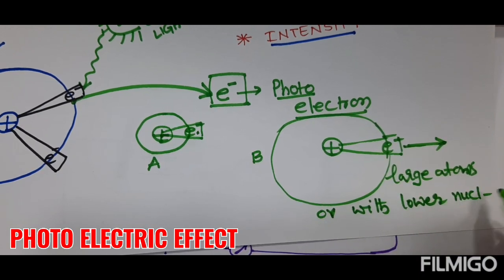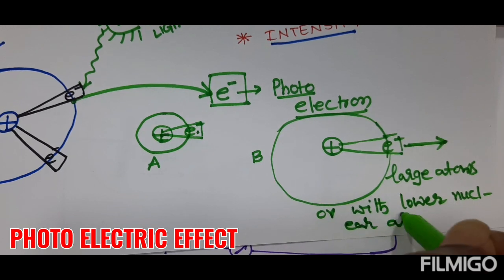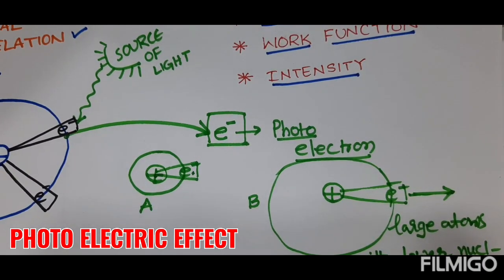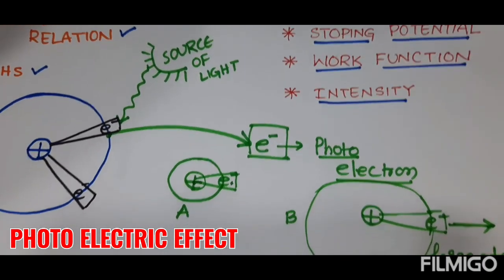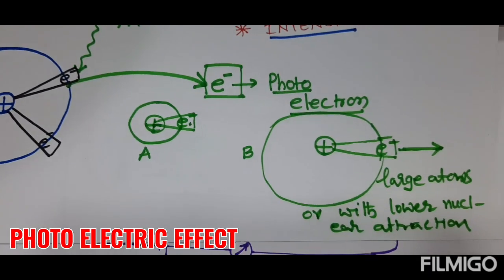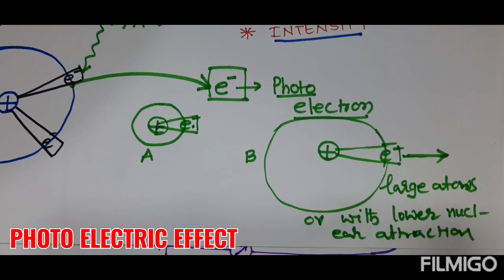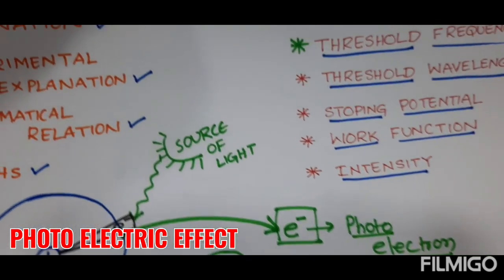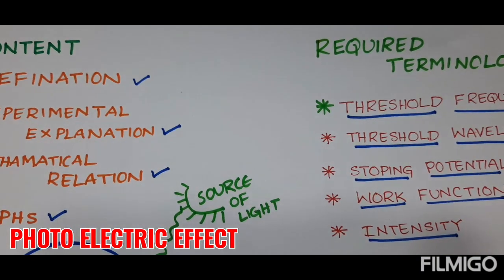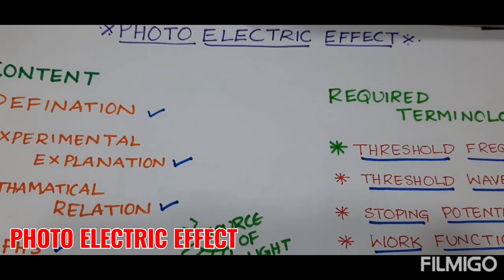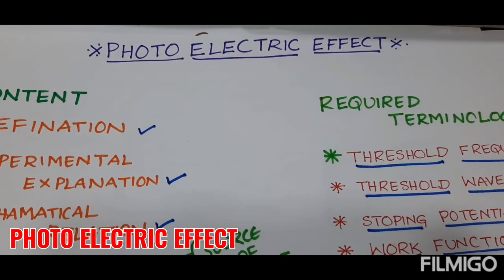This condition is required to construct photoelectric cells. The larger the size of the metal atom, the less the nuclear influence on the outermost orbit, so the electron is easily ejected out from the metal surface. The electron liberated in this process is called photoelectron. This is the basic definition of the photoelectric effect.